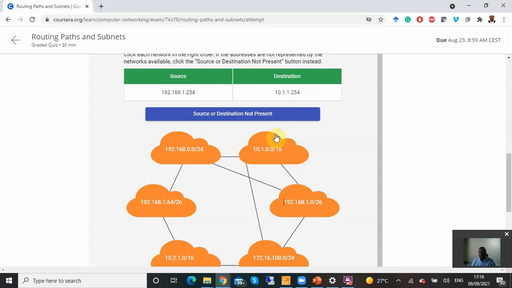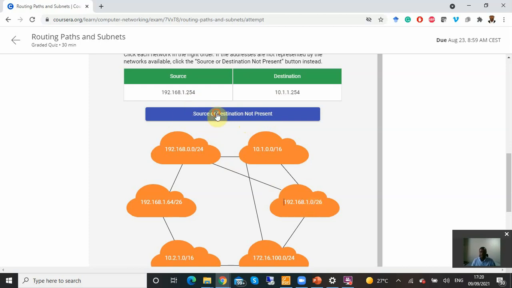And 1.0.0 can still go. But in this particular one, the correct answer here is source and destination not present, simply because this 254 and this 0 are very far away.